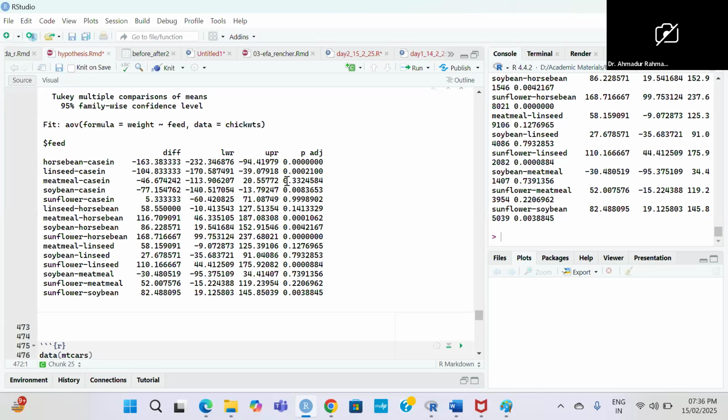But casein and meat meal, the value is 0.33, so they are the same, not different. In this way you can check all of them.